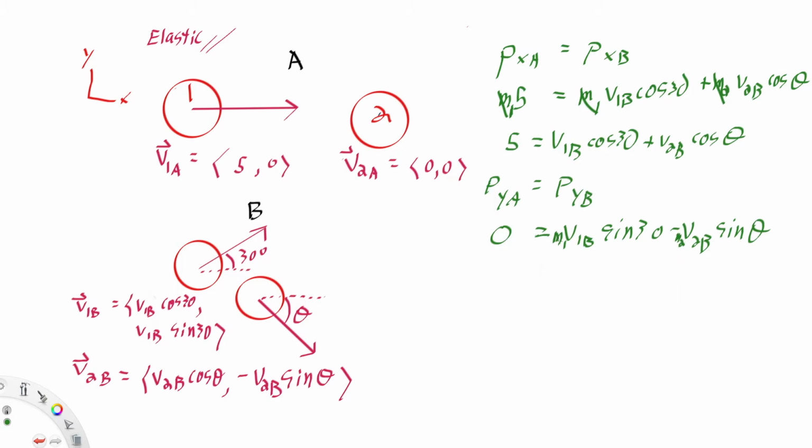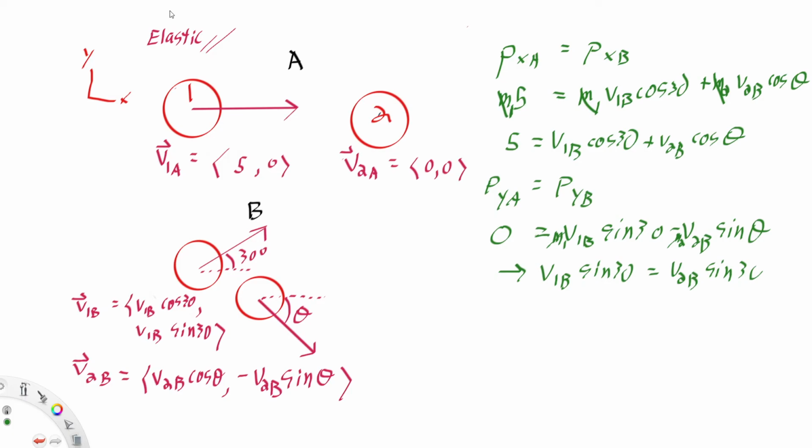Again, technically there's an m1 and m2 in there, but they're the same, so they're going to cancel off. And that tells us that v1b sine 30 has to be equal to v2b sine theta.